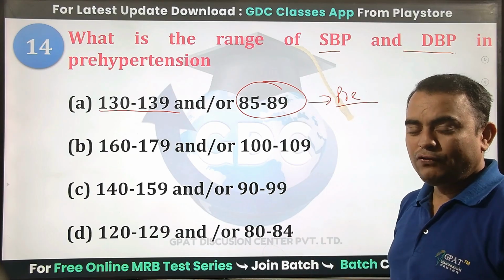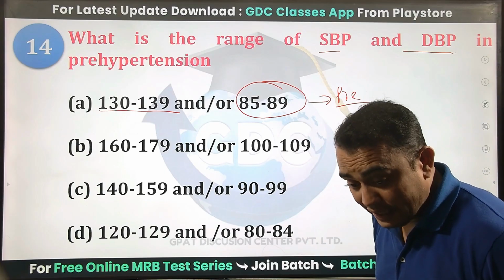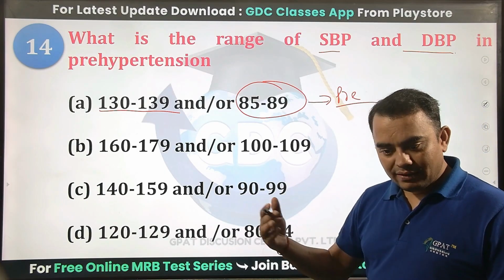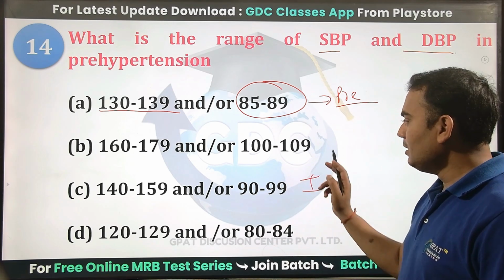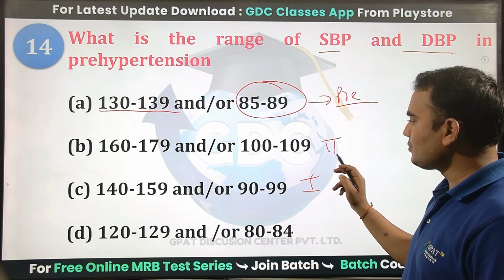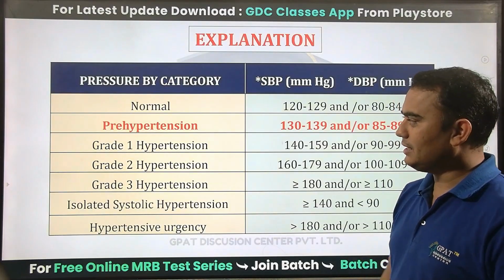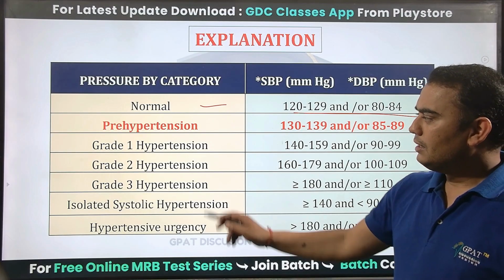After that, 140 to 159 or 90 to 99 is hypertension stage 1. Then we have 160, which is hypertension stage 2. So the answer: normal is 120 by 80 mmHg.